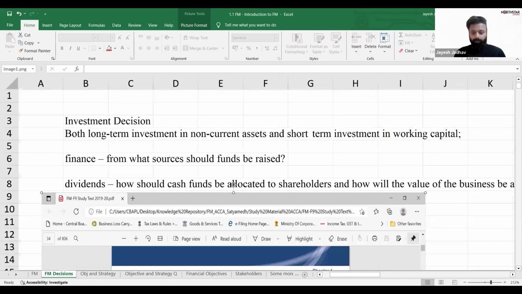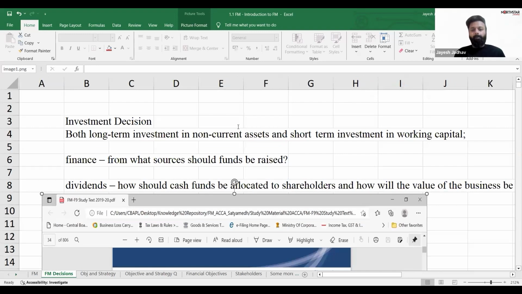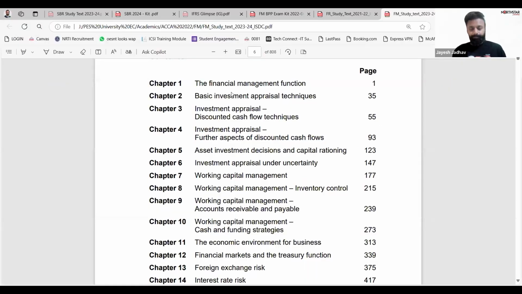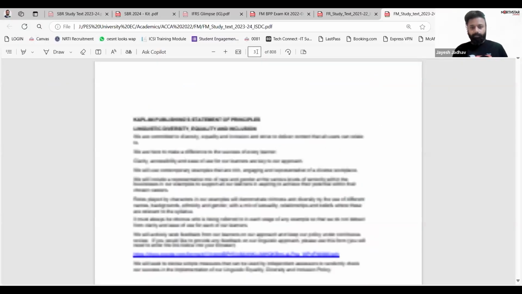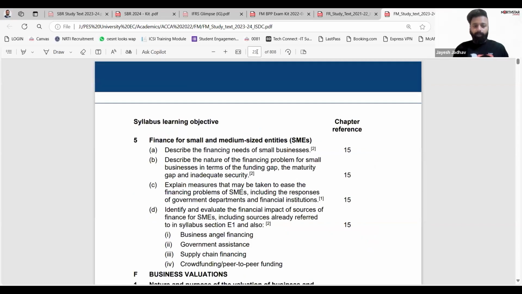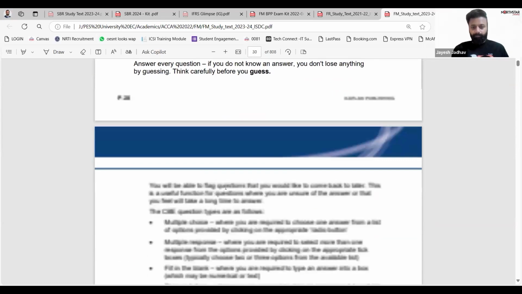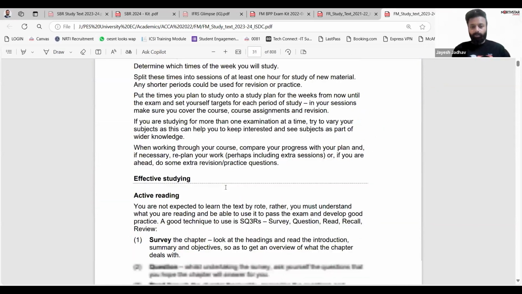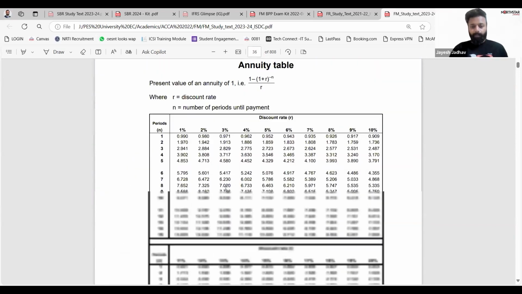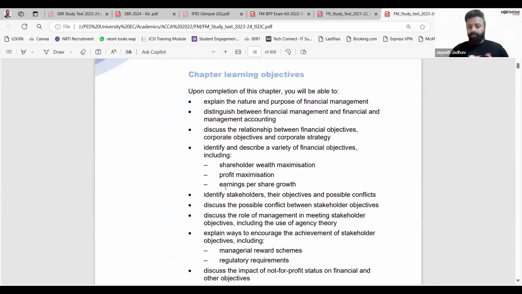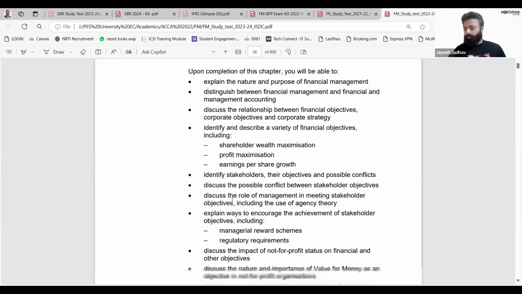So coming back to the theoretical aspect now, the financial management function. I will try to ensure that I have the book sent today. I'm referring to Kaplan, and I think there will be curated notes also that will come across in some time. But in case there is any requirement, please highlight it, because I will be able to at least take care of it.